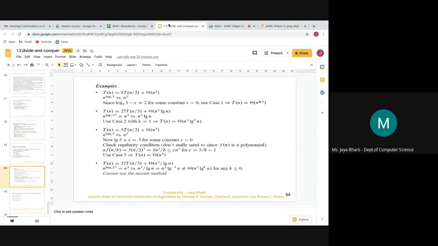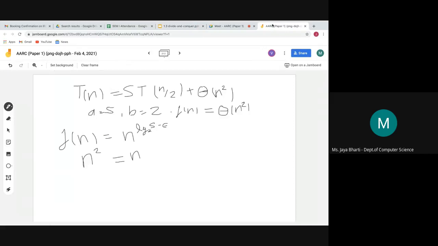Okay, so when you do this for some constant value of epsilon which is greater than 0, you will use case 1, and by using case 1 you will get the result as n to the power log 5 base 2.